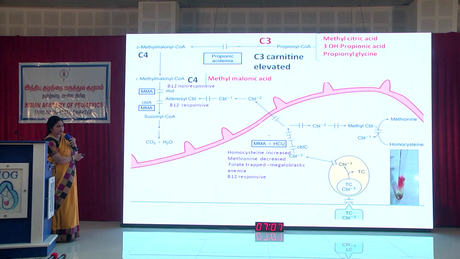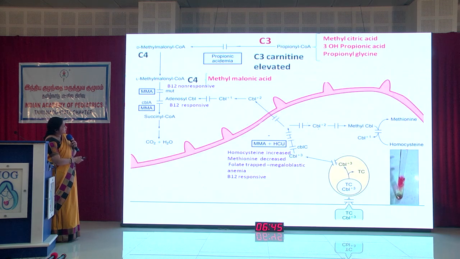When you give B12, what happens? When the block is due to mutase deficiency, it is B12 non-responsive. If it is due to adenosyl cobalamin, when you give B12, it is responsive.